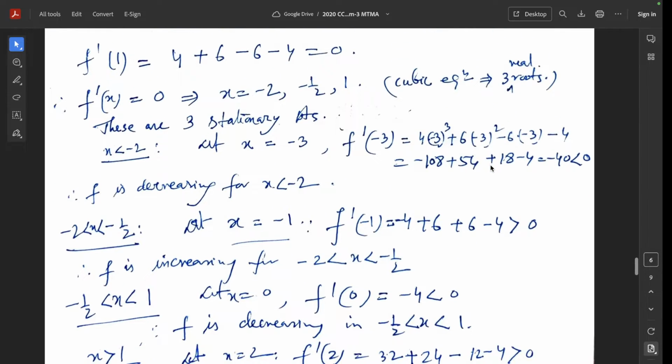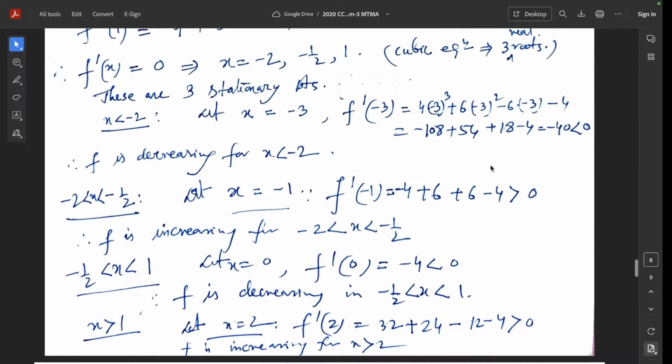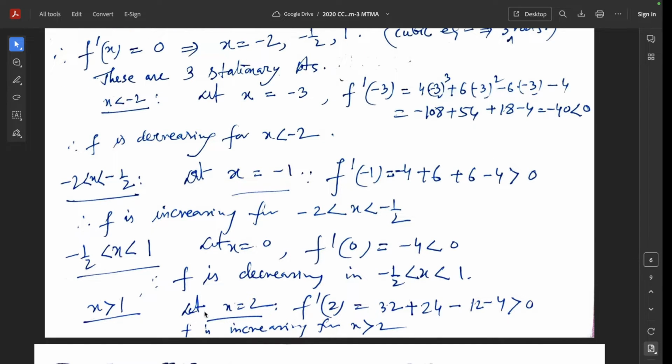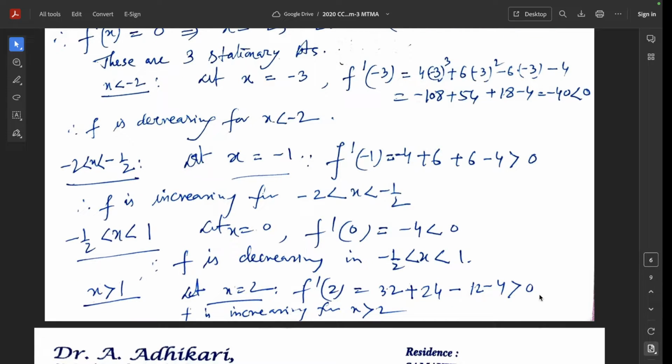There are only 3 stationary points here. At other points, the function f is either increasing or decreasing. When x is greater than 1, let x equal 1, and f dash 1 is greater than 0.